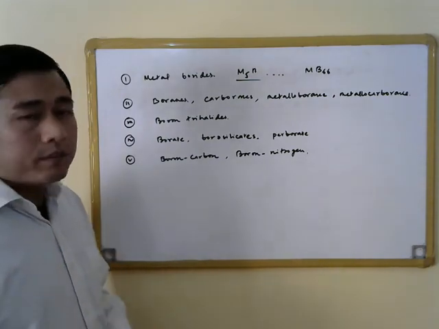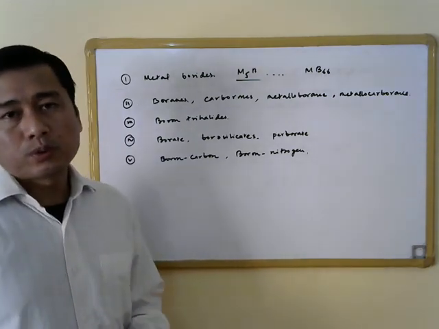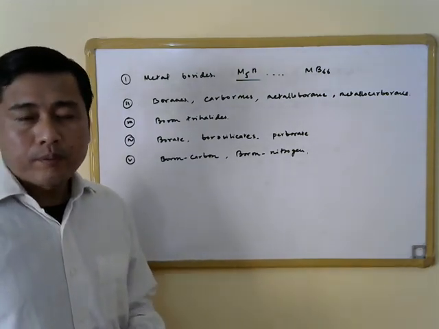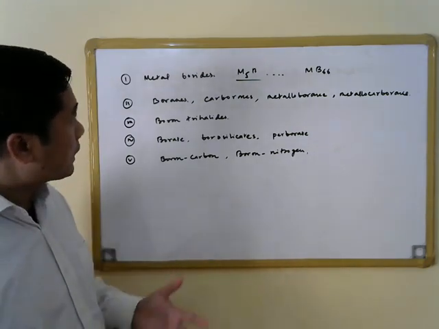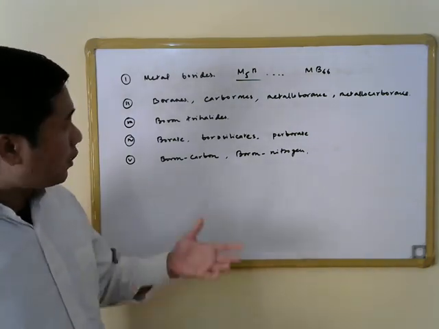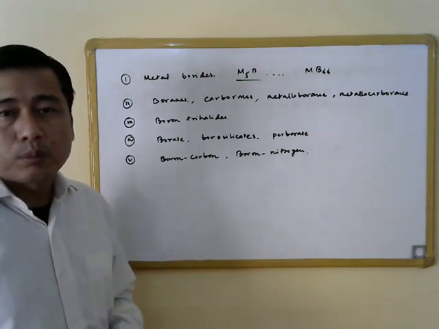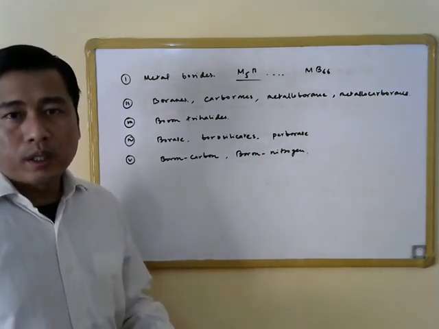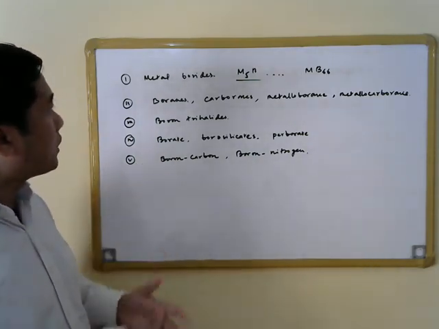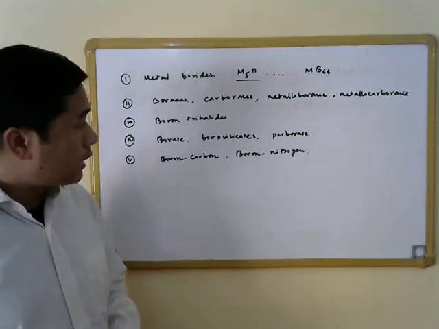So these are the 5 classes of compounds formed by boron, and we will discuss the chemistry of all of these different classes in more detail. So we'll start with metal borides in this lecture.